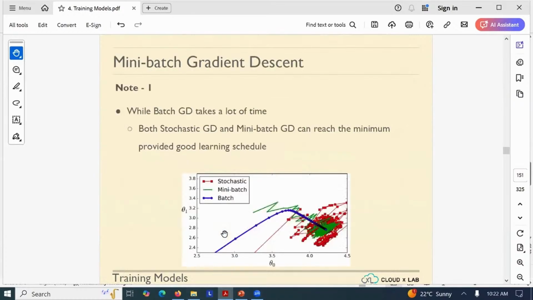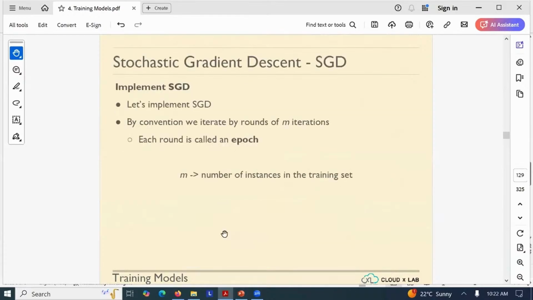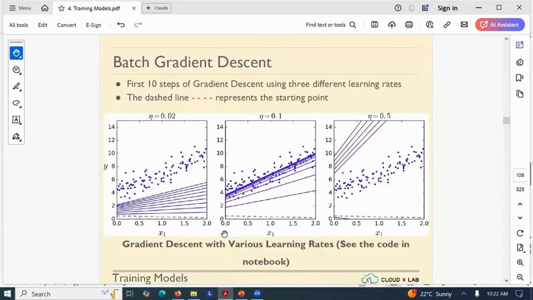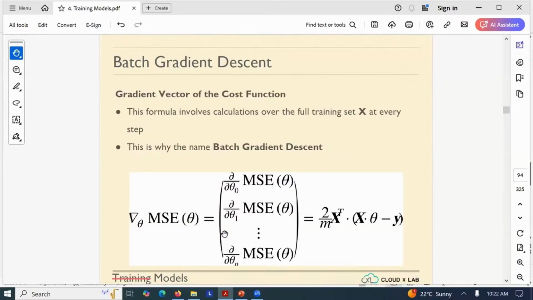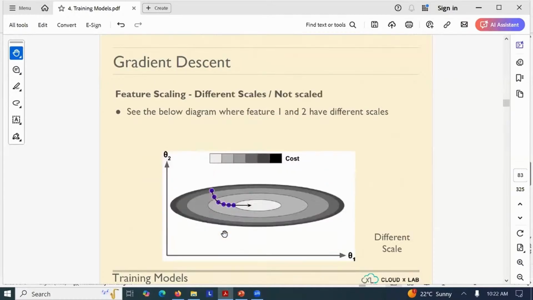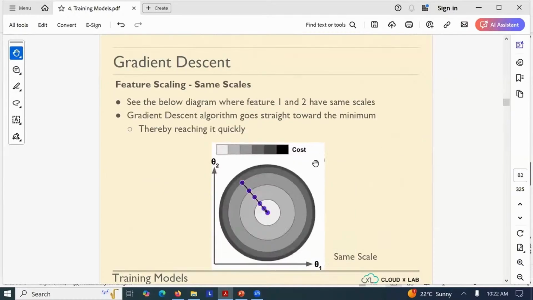Yes. Because if we are not doing feature scaling, then it will follow a zigzag path, right? I think I have shown one slide. If we are doing feature scaling, all features are within the same range, then we will directly follow this path, right?